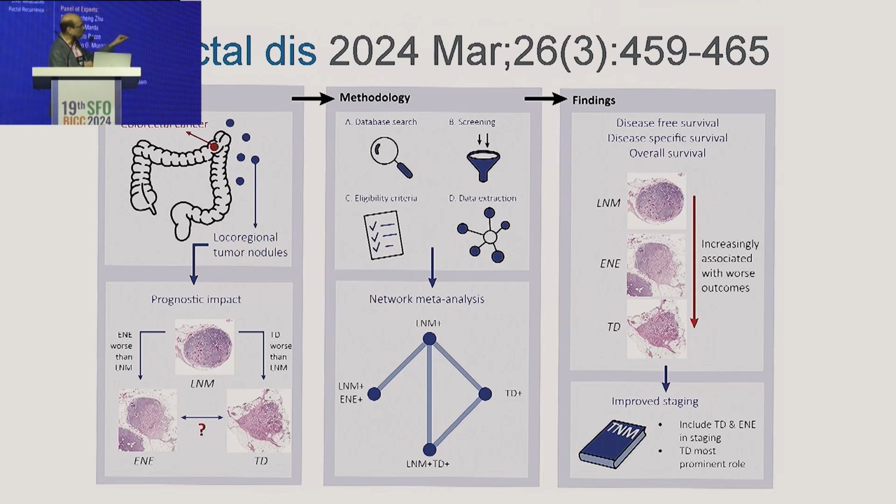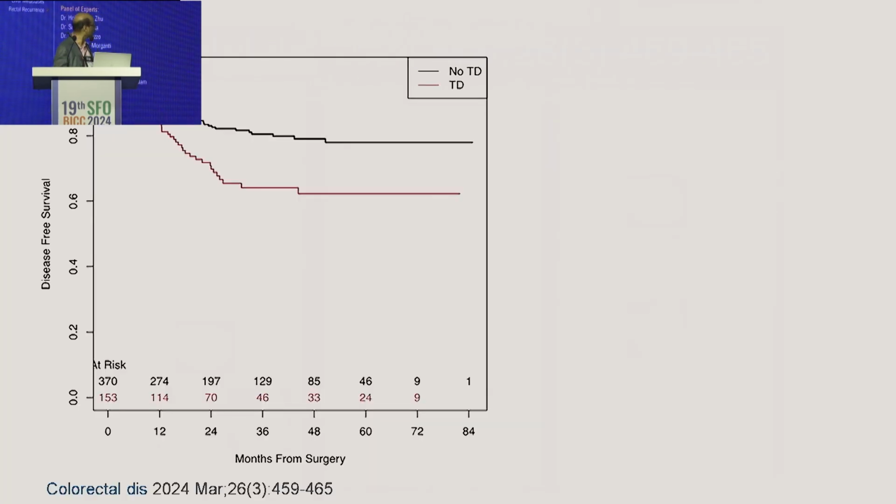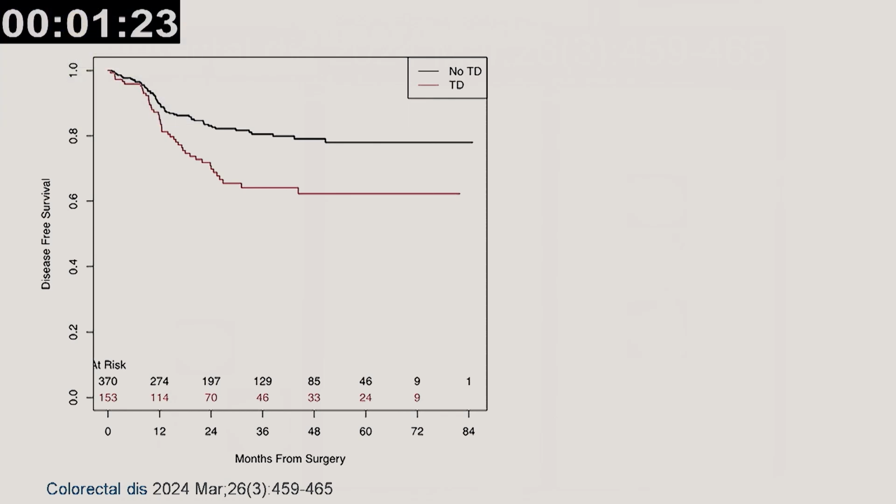Tumor deposit has the worst prognosis, and extranodal extension has a worse prognosis than lymph node metastasis. So among these 3, lymph node metastasis has the best prognosis, then extranodal extension, and the worst is tumor deposit. So tumor deposit identification is very important. Here again, if there is tumor deposit, the prognosis is very bad.